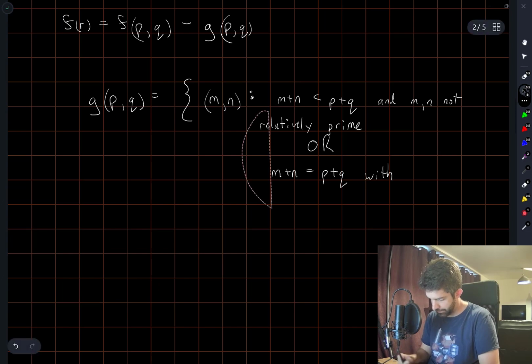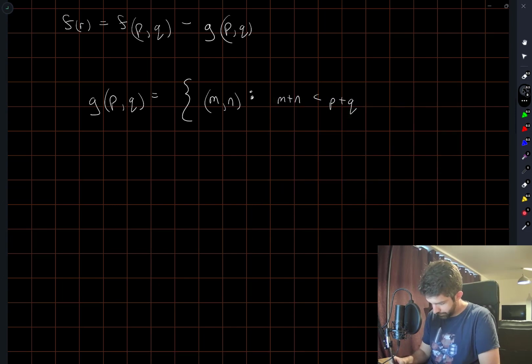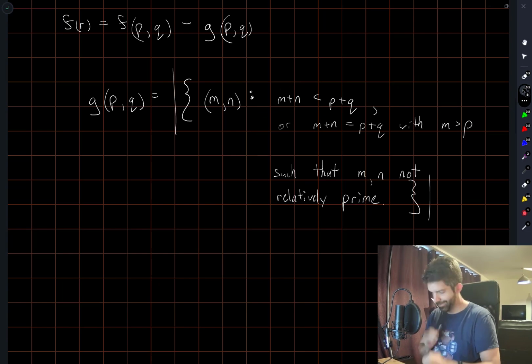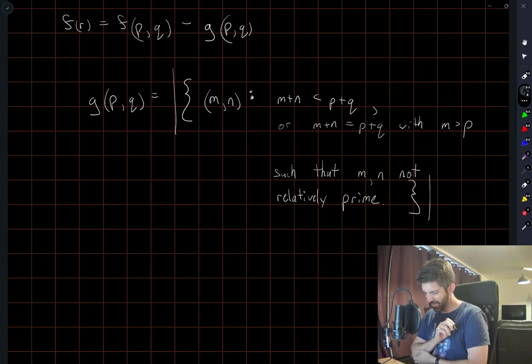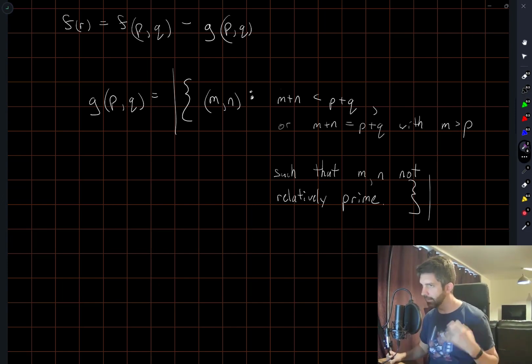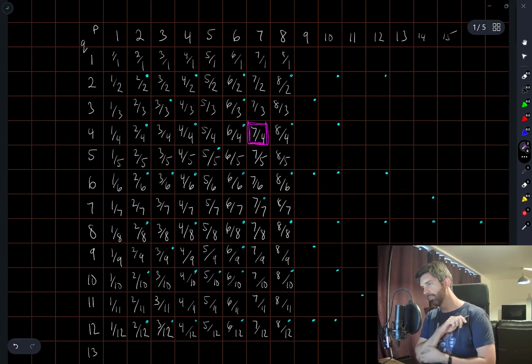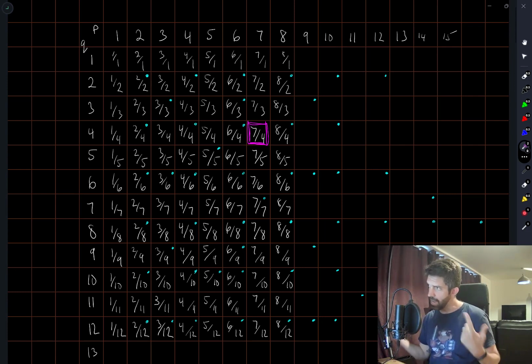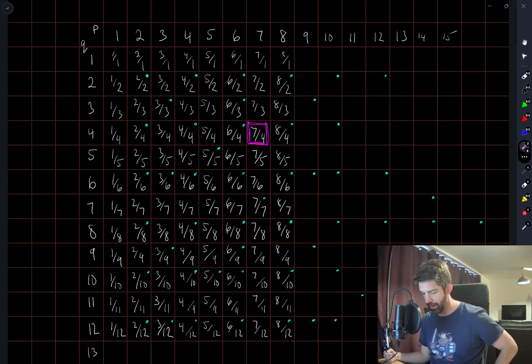Actually, let me write it like this. Okay, so kind of a cheap cop-out way of doing this, but I don't see an elegant or simple way of doing this in terms of P and Q. Maybe there's some crazy thing in terms of Euler's phi function, where given an integer you count how many factors it has, something like that. But I don't want to go down that rabbit hole.